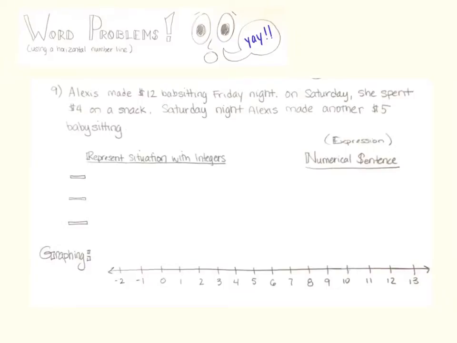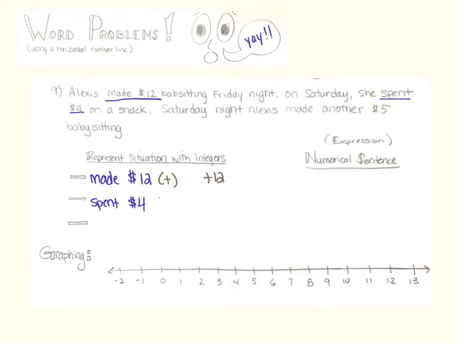Okay? So the first set, made $12. Let's write that here. That's going to be a positive. So in this case, it's going to be plus 12. The second number, spent $4.